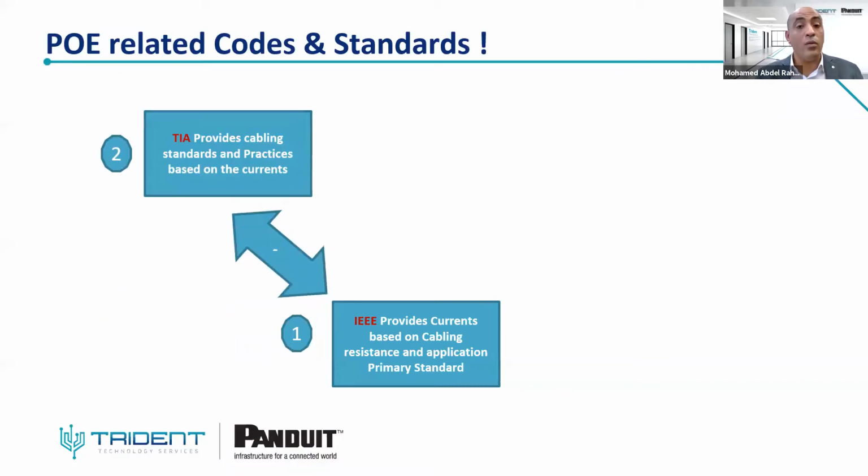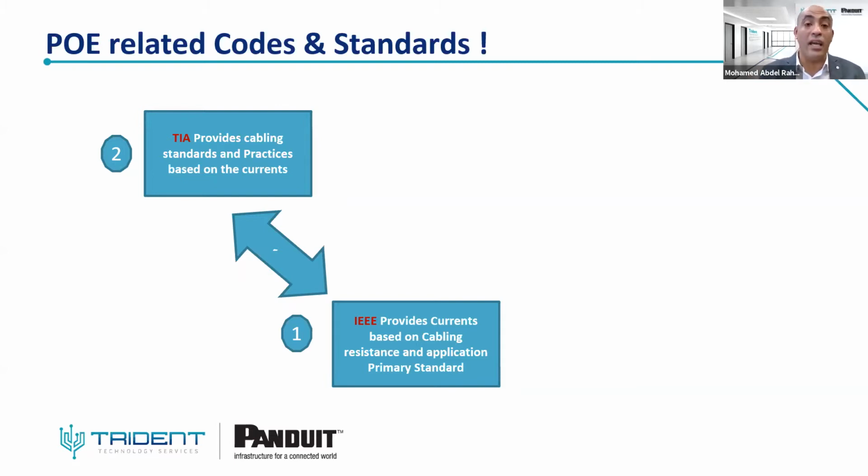The TIA is a standard with recommendations. It provides you the practices for the current, defining the bundling table, how to model information for the bundling of the cable. As we said, when the current increases, it means that the heat or temperature of the cable increases.